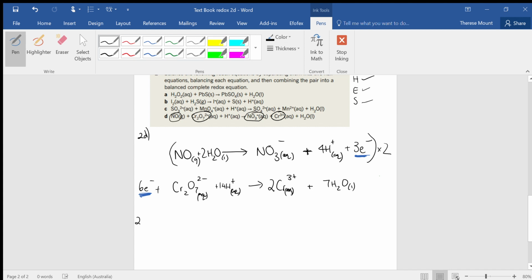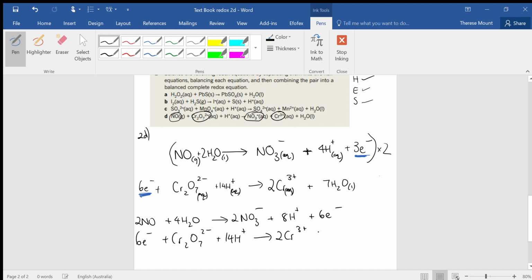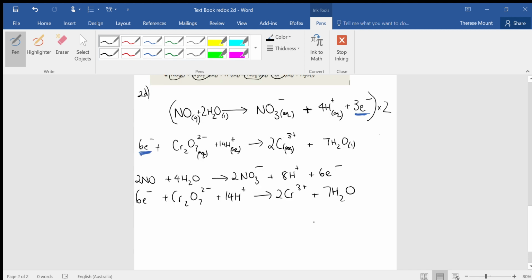So I'm going to write that out. 2NO, 4 waters, 2NO3, 8 hydrogen, 6 electrons, and this was my other equation. Alright, so now I can add them together. 2NO, so let's focus on all my reactants and write them next to each other.